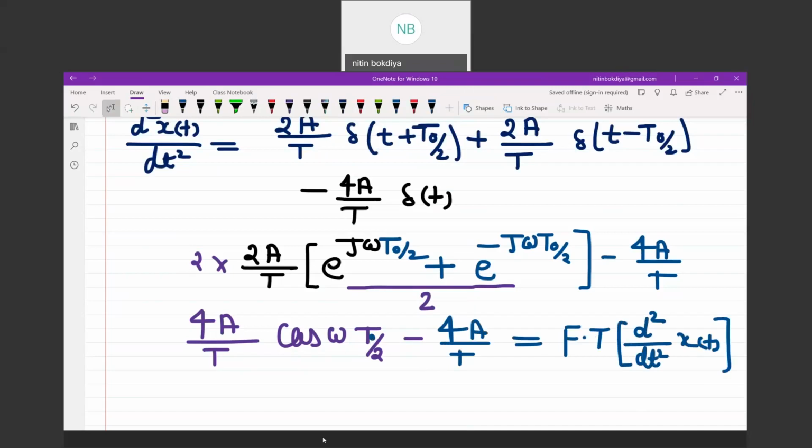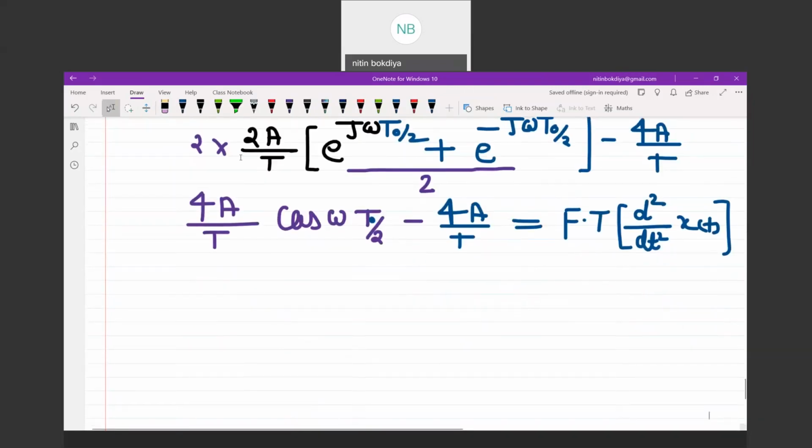Suppose I am interested in the Fourier transform of this function.